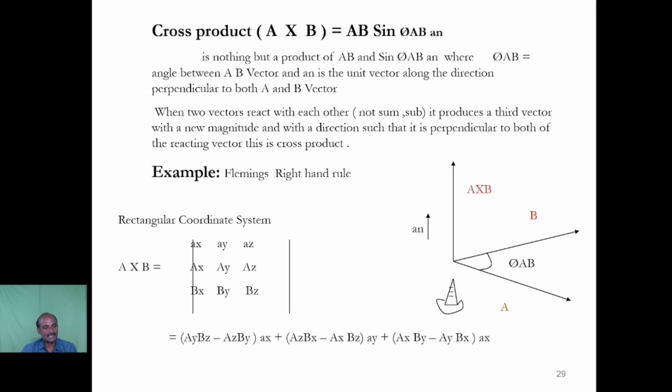A cross B is given in a matrix form. It's a 3 by 3 matrix. In the first row we have the unit vectors along the three directions x, y, z: ax, ay, and az. In the second row we have the coordinates of the first vector in the x, y, z directions, that is Ax, Ay, and Az. The third row is the coordinates of vector B in the x, y, z directions: Bx, By, and Bz.